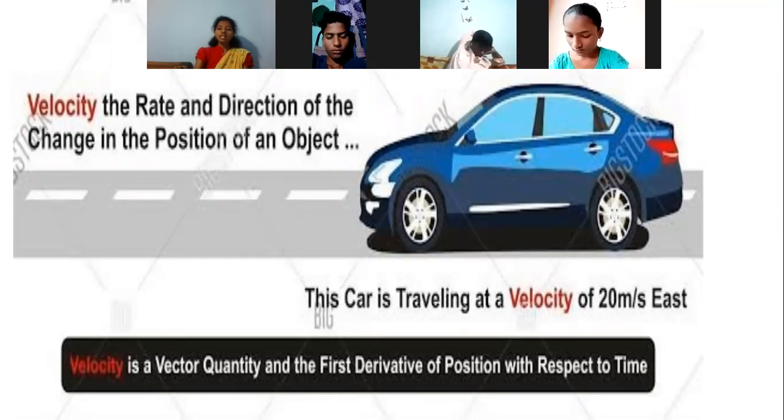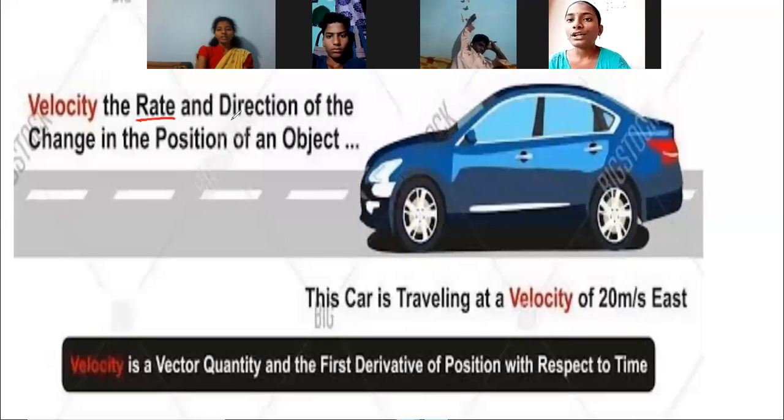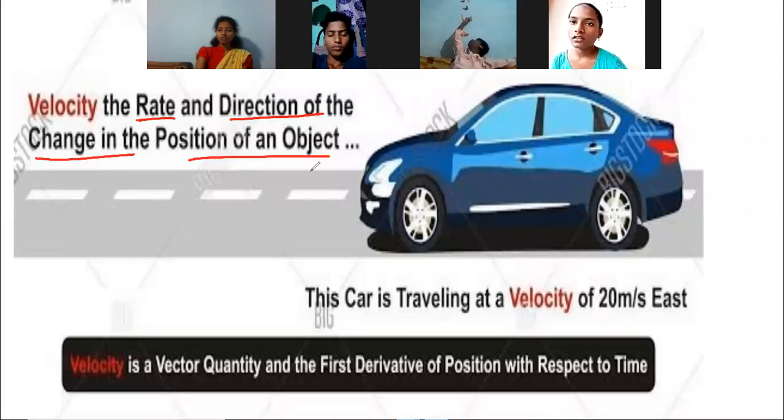So velocity is the rate and direction of the change in the position of an object.